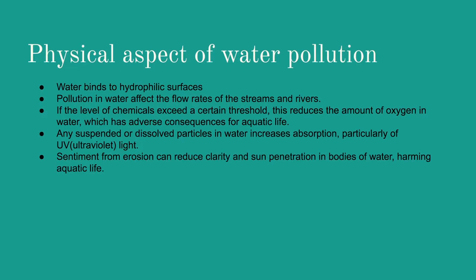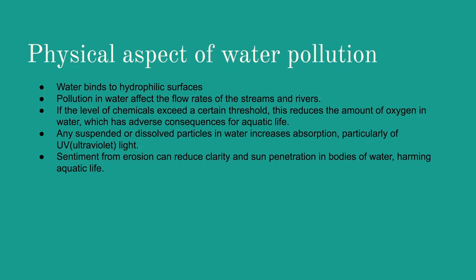Acid rain results when acid gases are produced as fossil fuels like coal and oil are burned in power stations, factories, cars, and even in our own homes. Most of these acid gases are blown into the sky, and when they mix with the clouds, they can cause rain, snow, sleet, fog, mist, or hail to become more acidic.